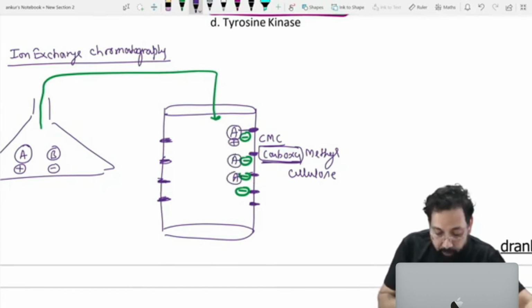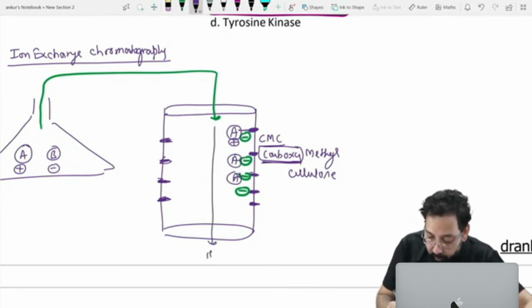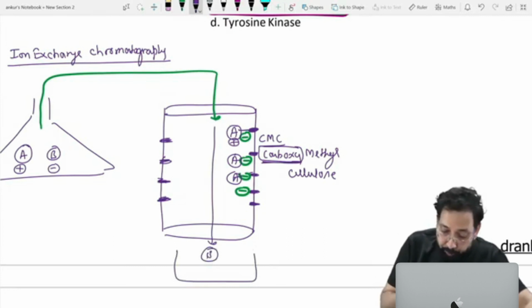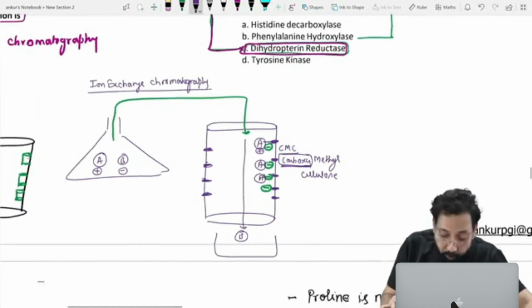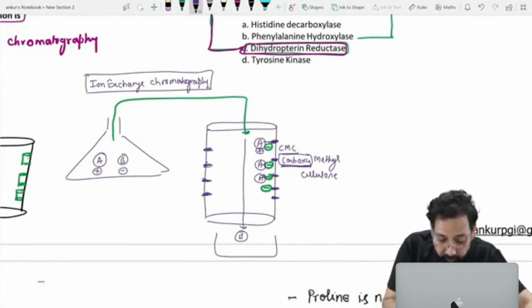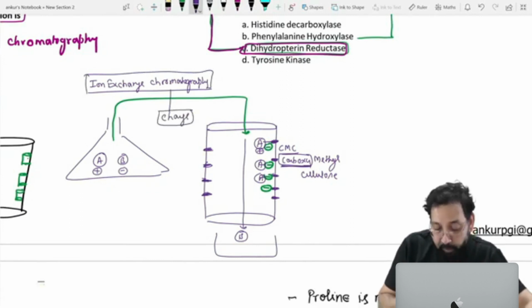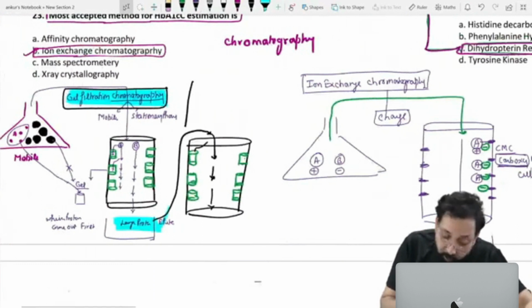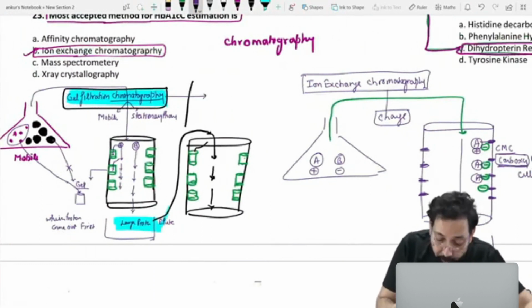A will bind to CMC, and B will come out. We will purify. So you purify proteins on the basis of their charge. Ion exchange chromatography purifies on the basis of charge. Gel filtration chromatography purifies protein on the basis of size.